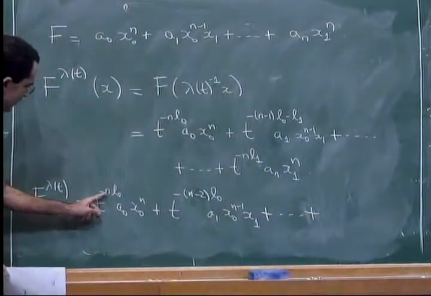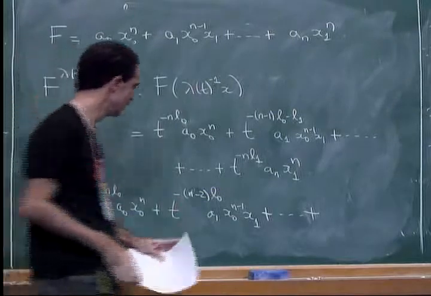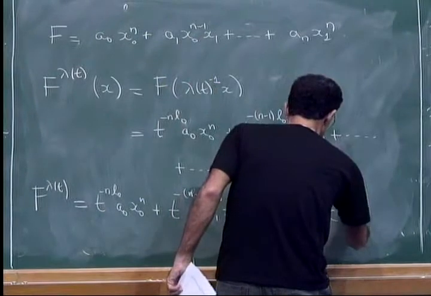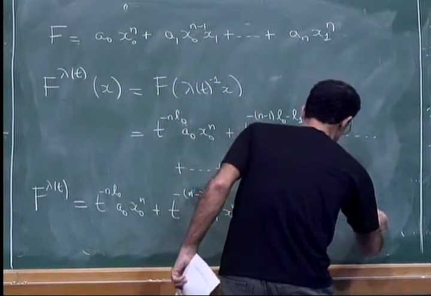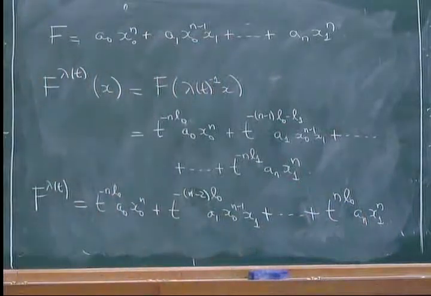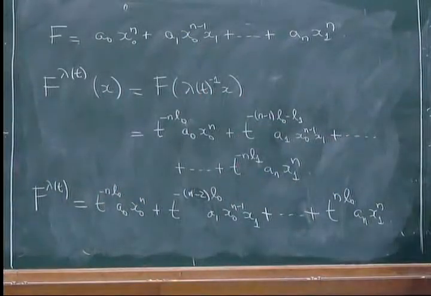You see that I'm summing 2 L naught at each term, and at the very end I get t to the n L naught, An x1 to the n. So we're dropping by 2 L naught every step. That's the action, very easy to describe.